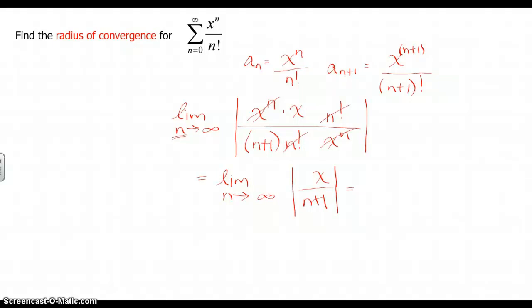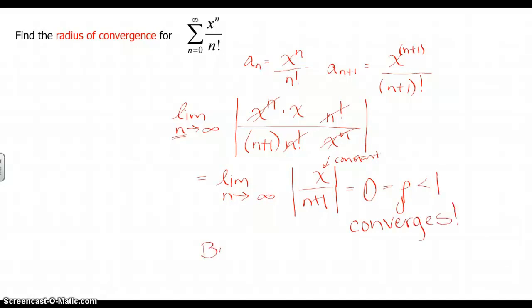As n approaches infinity, this is some constant value, remember, as far as n is concerned, some constant value over huge. This is going to tiny, and there's our rho. And we know we converge for any rho value less than 1. So this is a convergent power series.